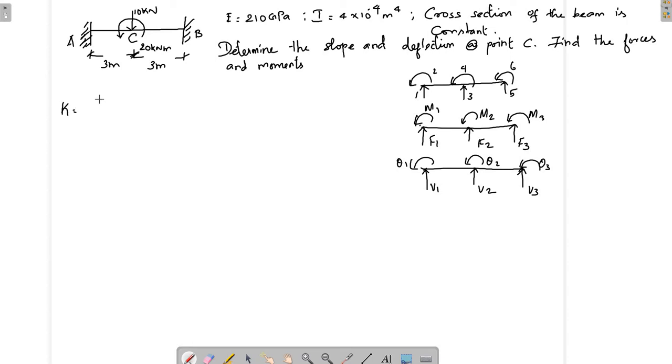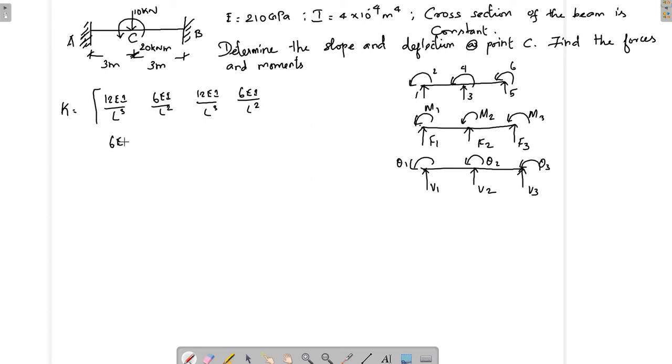We have already derived: 12 EI by L cube, 6 EI by L square, minus 12 EI by L cube, 6 EI by L square.